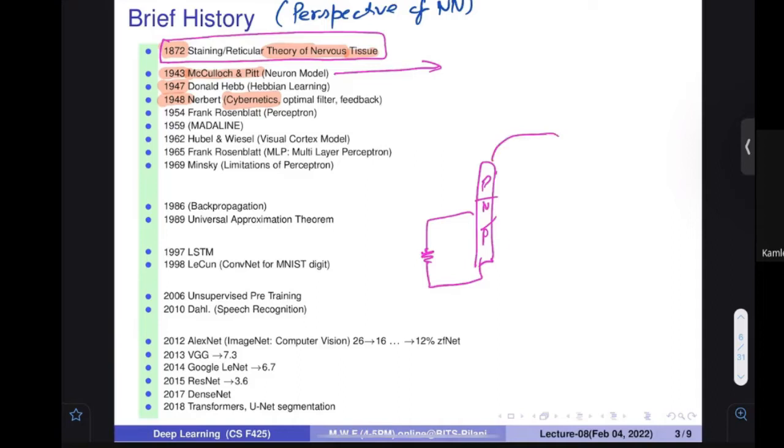I'm not actually drawing the right diagram over here, because I'm not sure about this. What happens in a PN junction is that if you make a small increase in the signal at this particular place, there will be a huge increase at the other part.